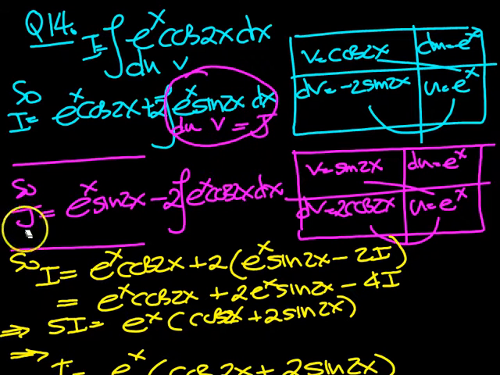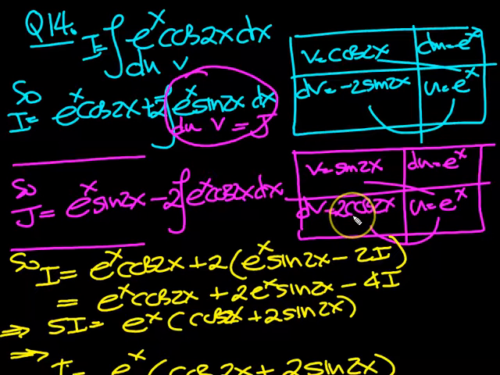J is equal to this subproblem. Here's our grid for the subproblem. So we did the same as what we did above. That's important, because otherwise you're just undoing what you've just previously done. So there's the v for that. There's the du. v is sine 2x, du is that. So u is e to the x. You integrate e to the x to get e to the x. Differentiate this. Sine goes to cos multiplied by 2, the something differentiated.